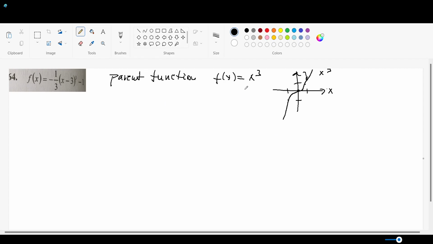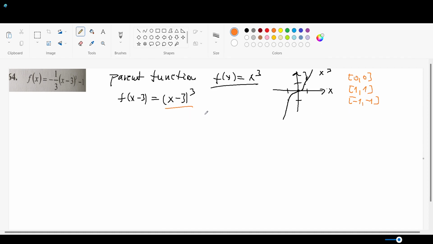Now if you want to transform this function to this definition, the next step is f of x take away 3, which would be (x minus 3) to the power of 3. Here we have the special points 0, 0, then 1, 1, and negative 1, negative 1.